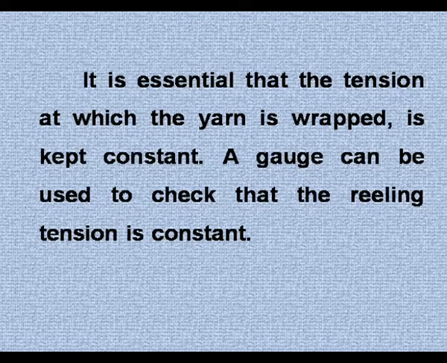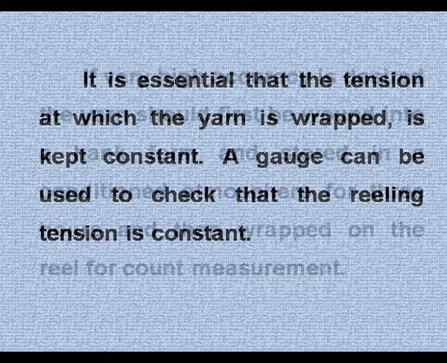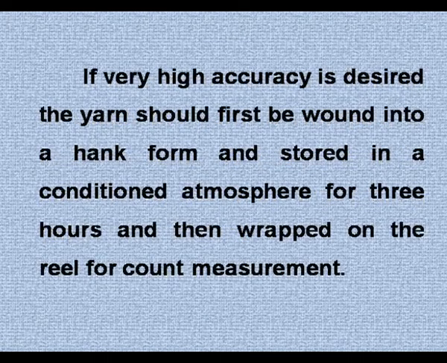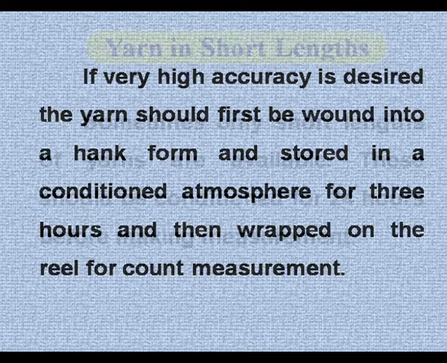A gauge can be used to check that the reeling tension is constant. If very high accuracy is desired, the yarn should first be wound into a hank form and stored in a conditioned atmosphere for 3 hours and then wrapped on the reel for count measurement.